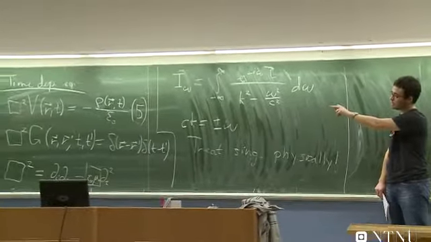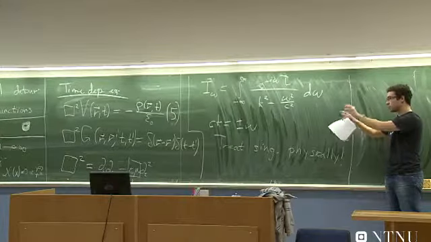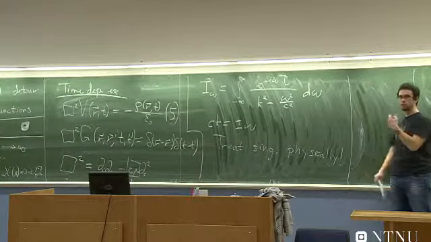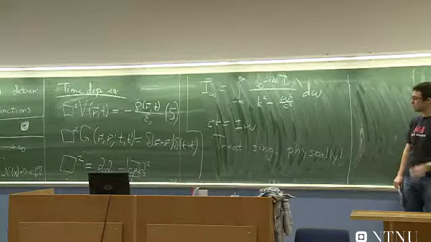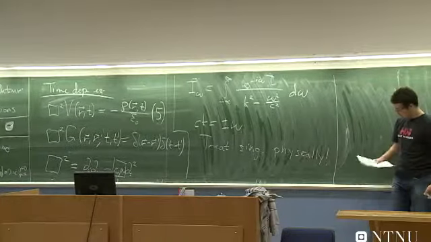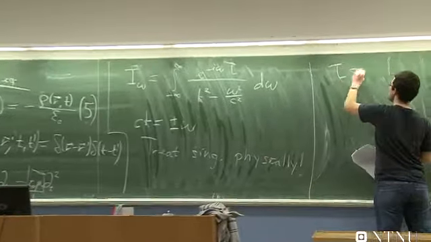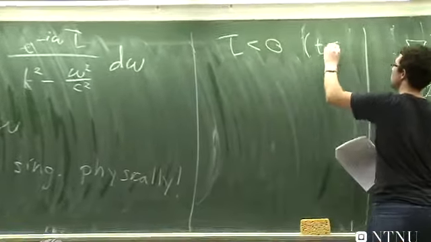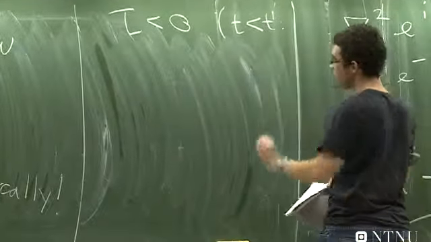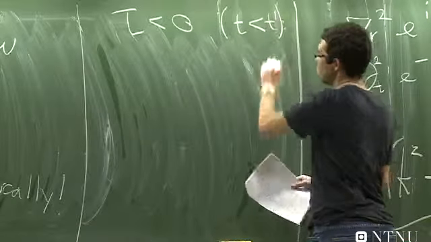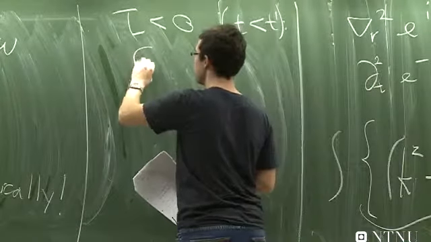So the fields that are created at that point take time to reach me. Okay? So we require that for tau less than 0, or t less than t prime, then g must be 0.